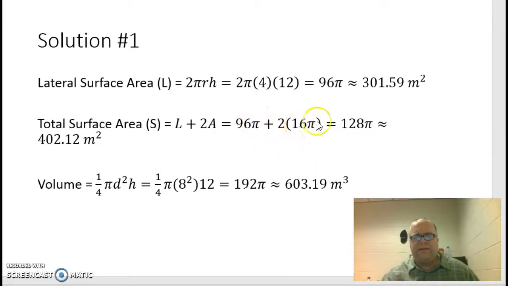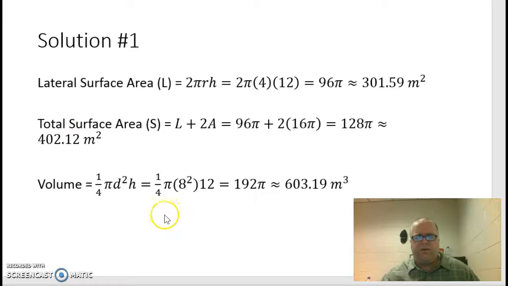We can easily find the area of one of the bases by pi r squared, which is 16 pi, and then we multiply that by 2 because we have 2 bases, and we get a total surface area of 128 pi, which is approximately 402.12 meters squared. And remember, this is rounded to 2 decimal places.